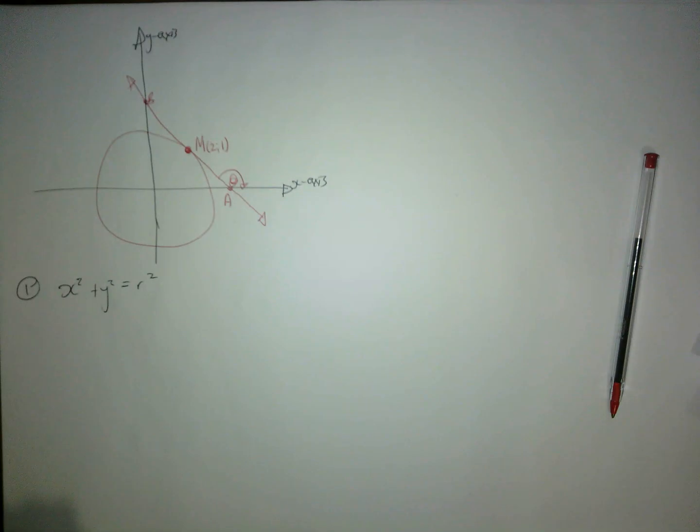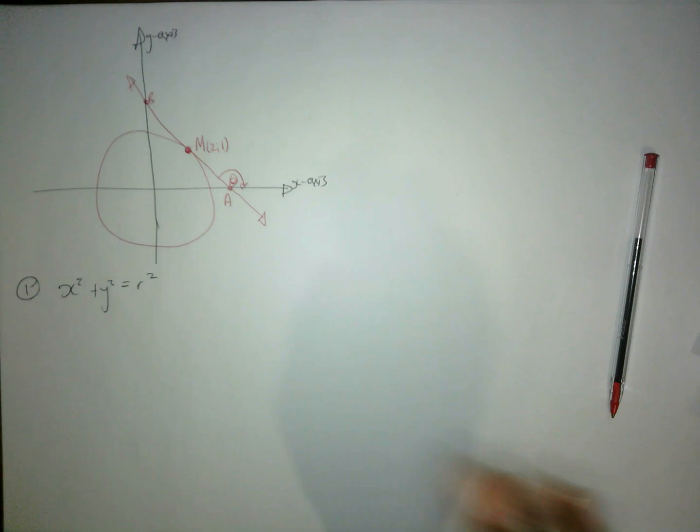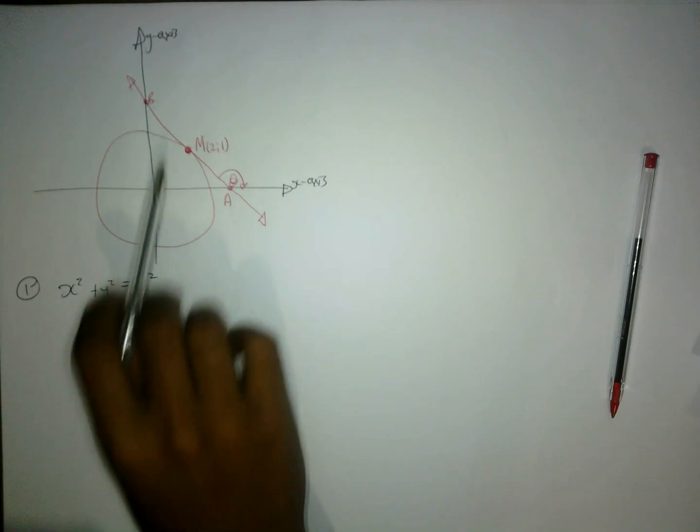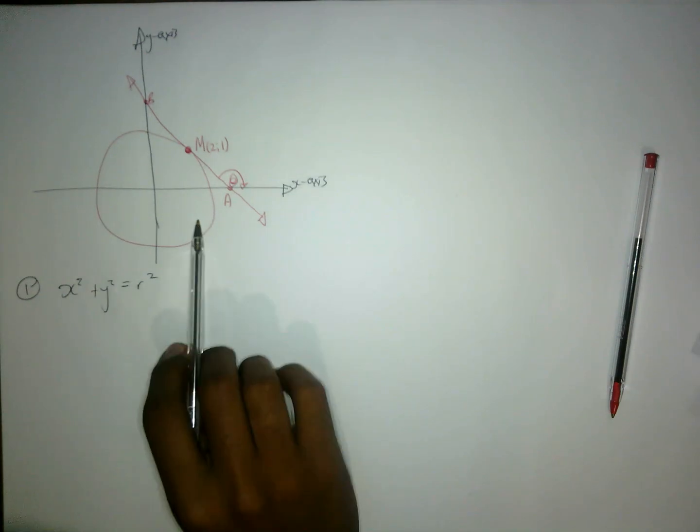So what we do now: we have a circle here. Let's say this is a perfect circle. I can't draw very nicely, but let's say it's a perfect circle with its center at the origin.